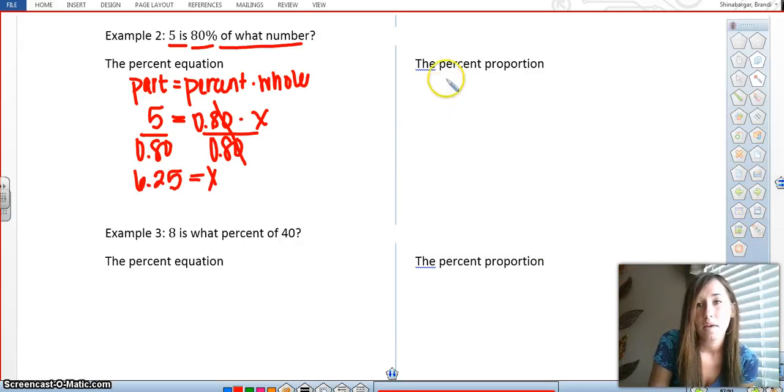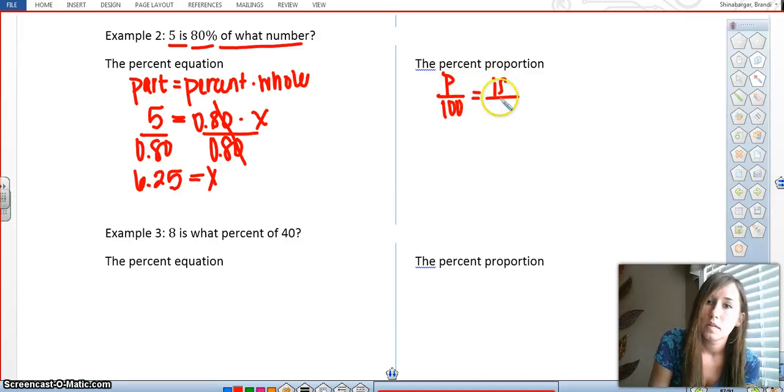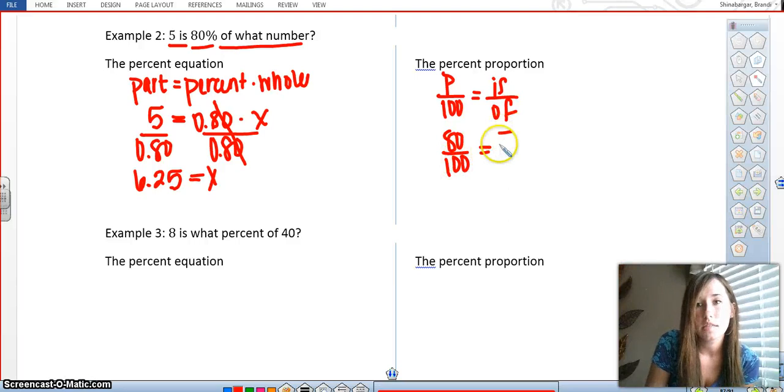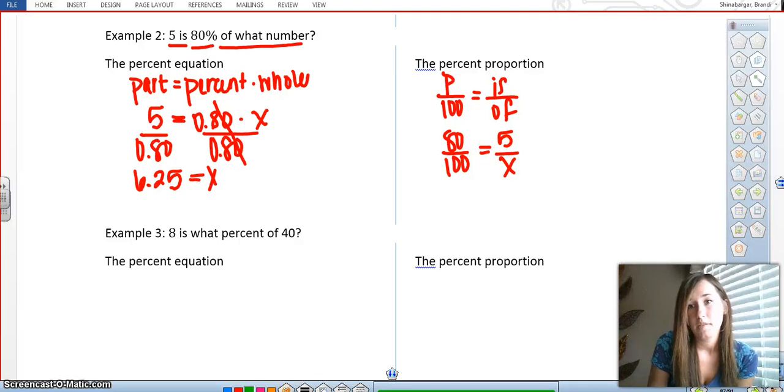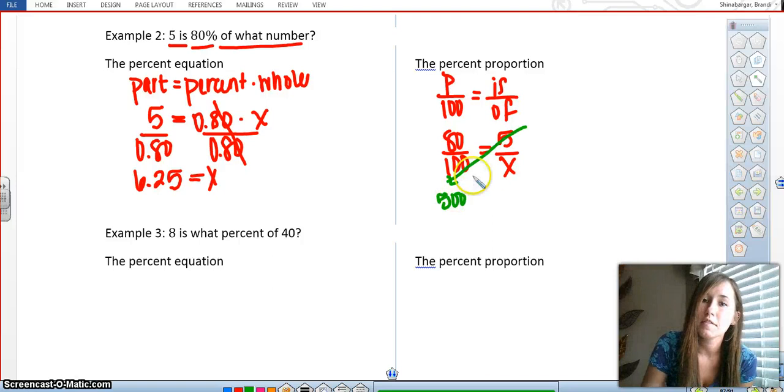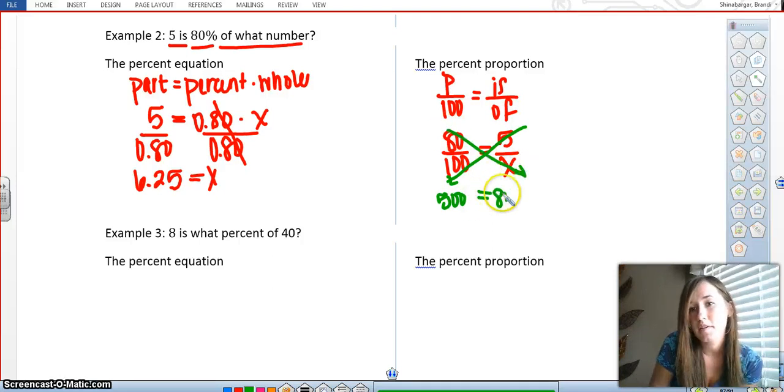Okay, now we can also use the percent proportion. Shortcut way of writing it. The percent we know is 80 over 100. The part is 5, and the whole we do not know. We can solve this in a variety of ways. I'll go ahead and cross multiply. 100 times 5 is 500. 80 times x is 80x.